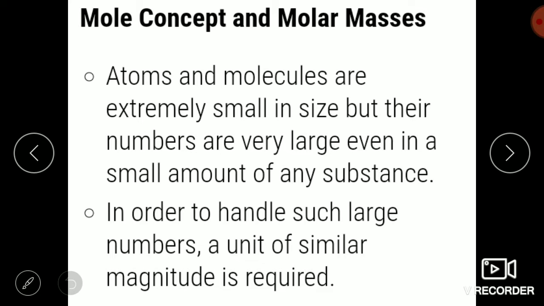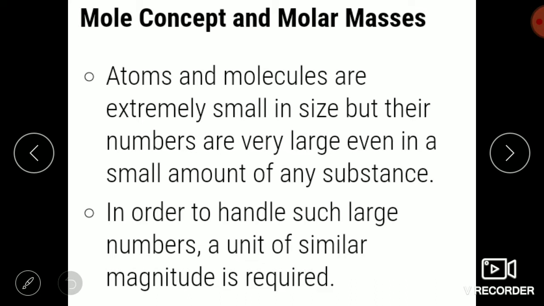In class 9 you performed a number of activities to realize that atoms and molecules are very small, and in a small quantity a large number of atoms or molecules are present. If you remember the KMnO4 dilution activity, then you can correlate that.